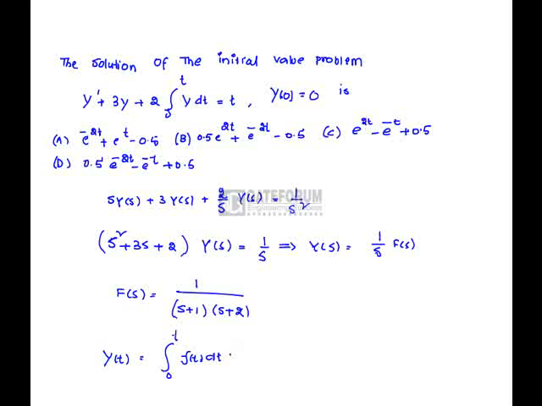So 0 to t, e power minus t minus e power minus 2t dt, which is nothing but minus e power minus t plus 1 by 2 e power minus 2t, 0 to t.